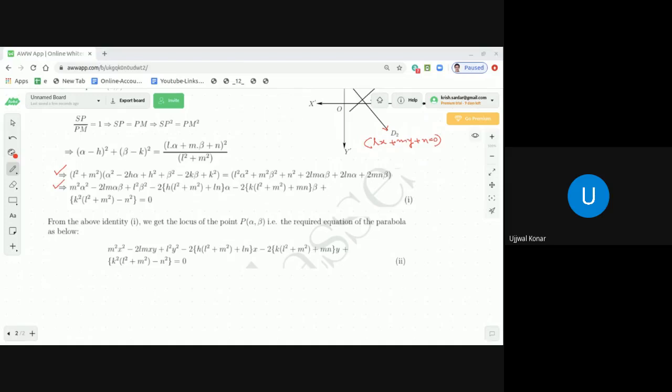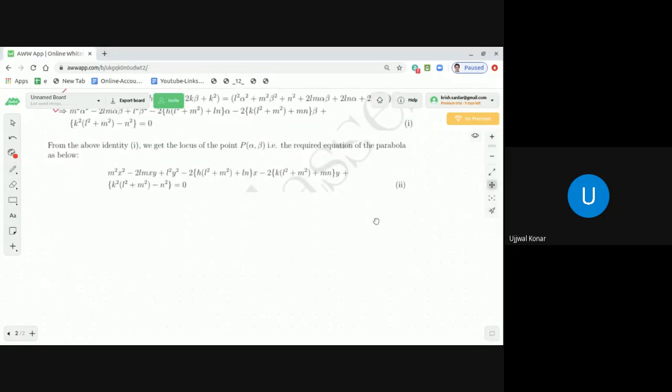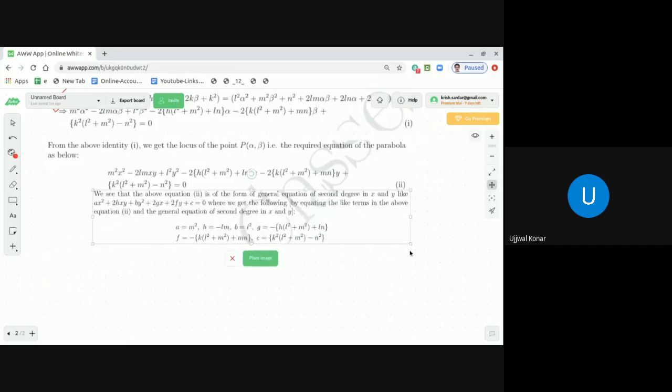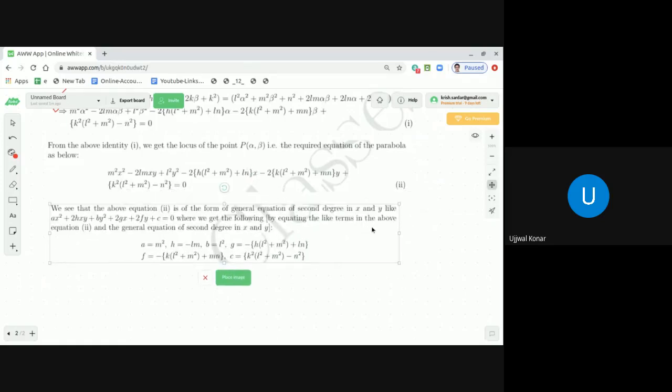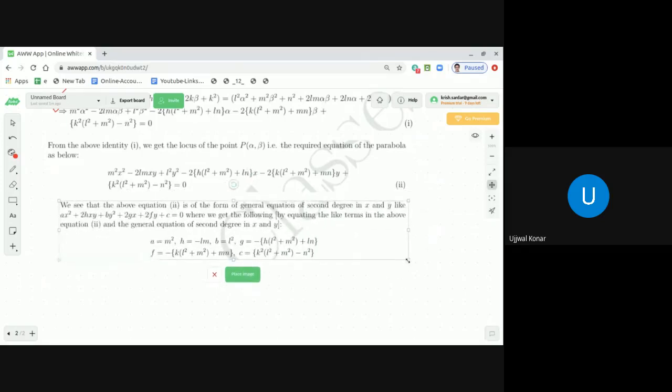So now I want to make a one-to-one correspondence between the equation you see in equation 2 and the general equation of second degree in x and y, and let's see what we are going to get out of it. Dear students, as you see equation 2 and my statement here, let me read it out so that you get exactly what I'm saying.